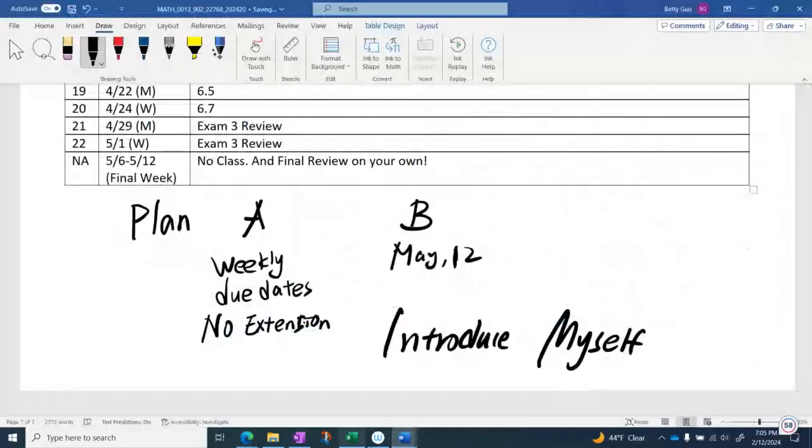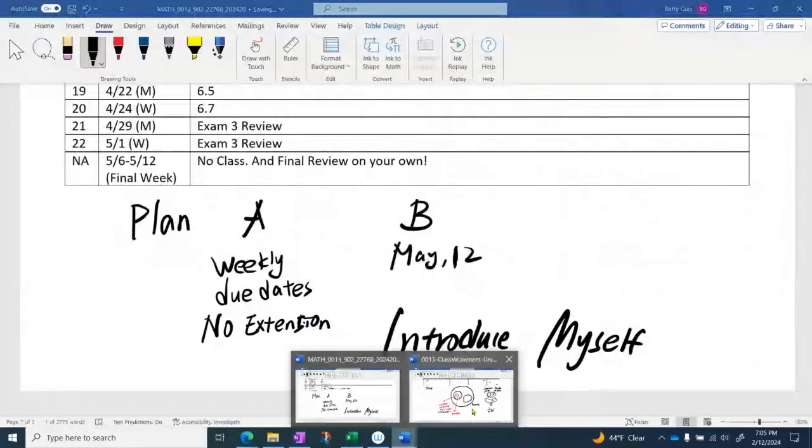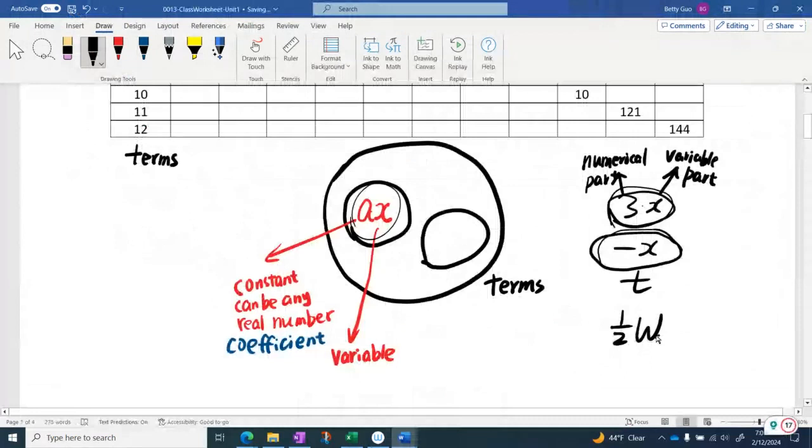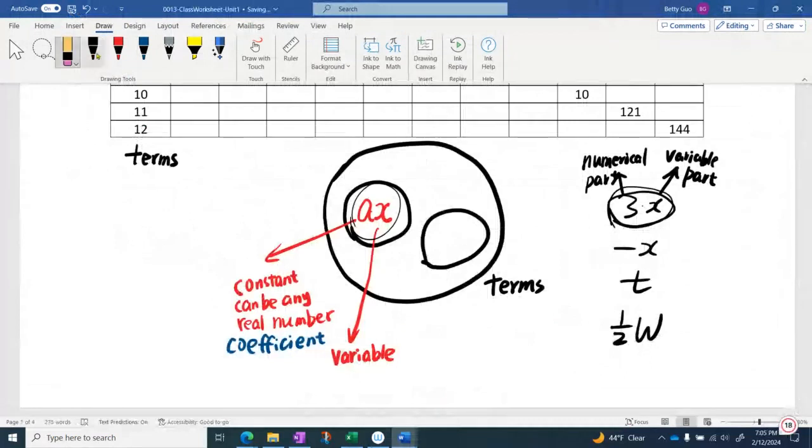So there's some confusion. Negative x is a term, guys. Why is it a term? Because it is a number times a variable. Do you see that? It's pretty tricky, right? Now I believe you can see it.